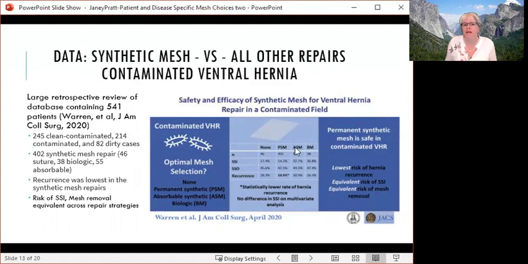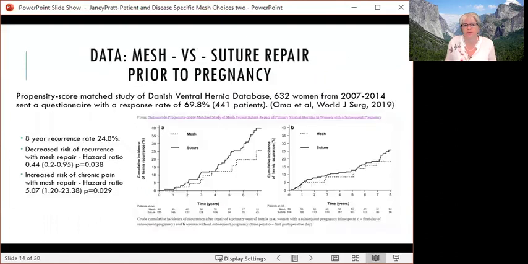It may be that in certain situations, you still will want to use a biologic mesh. However, this is reassuring that even in clean contaminated and contaminated wounds, a synthetic mesh can be safely placed and will significantly decrease the risk of recurrence.